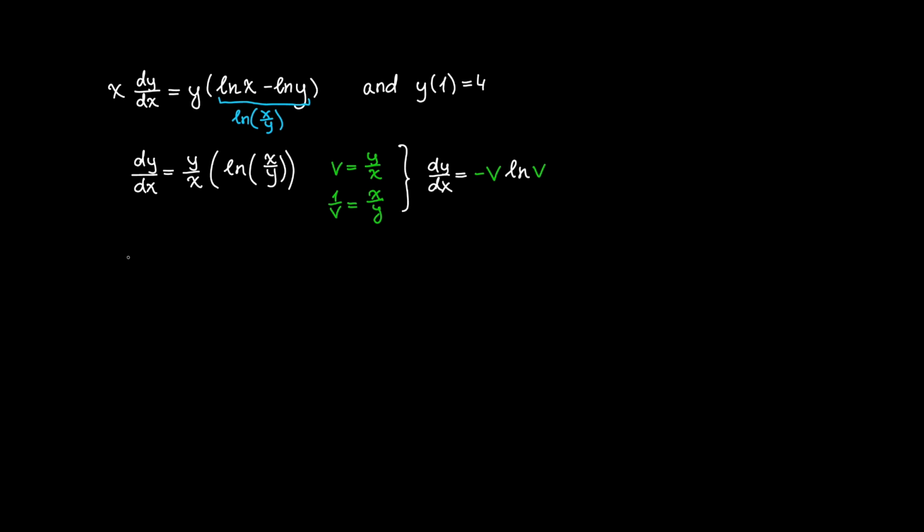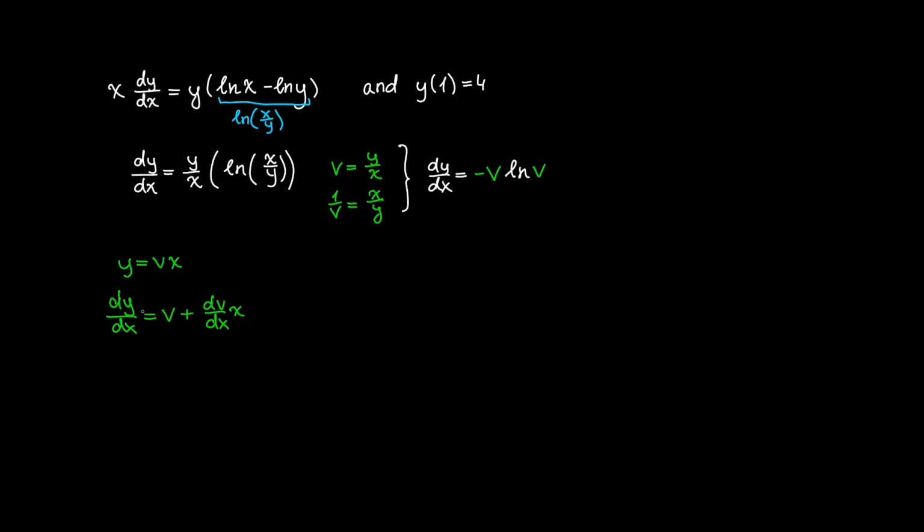Now we head back to our substitution and we multiply both sides by x. And what we get is y equals v times x. And then we implicitly differentiate this equation, which gives us v plus dv over dx times x.